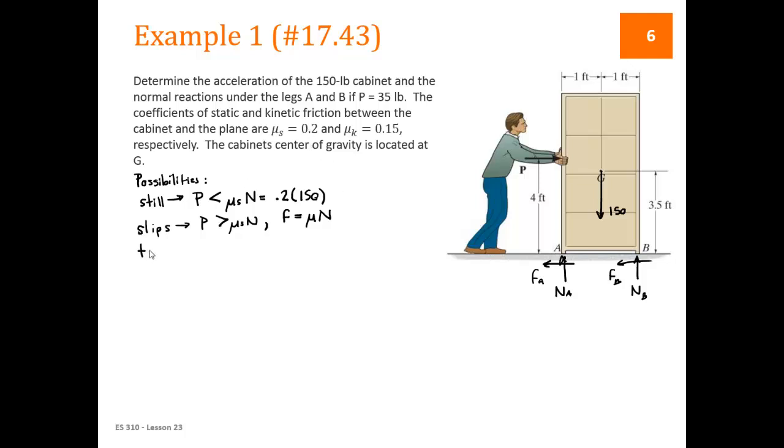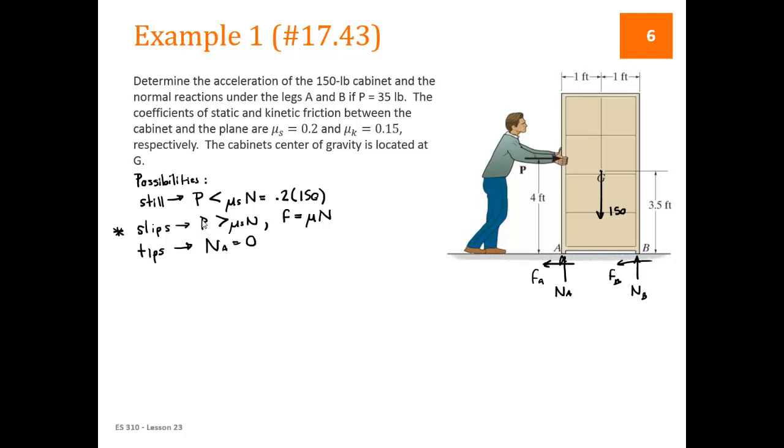If it tips, then NA would be equal to 0. Right? So if NA turns out to be negative or equal to 0, then this thing would be tipping, because this foot would be lifting off the ground as it tips. So let's guess. I'm going to guess that it's going to slip, and then we'll come back and test the other two possibilities.